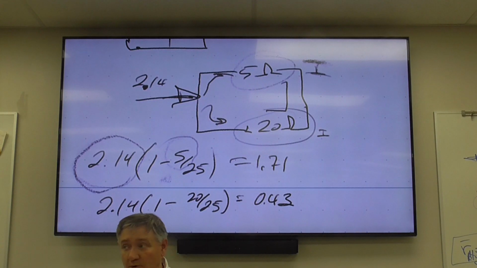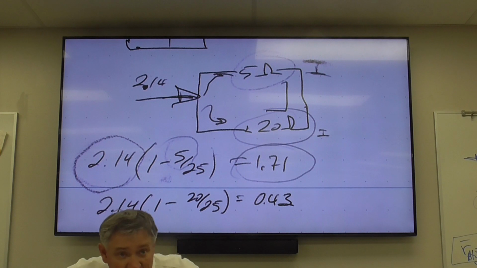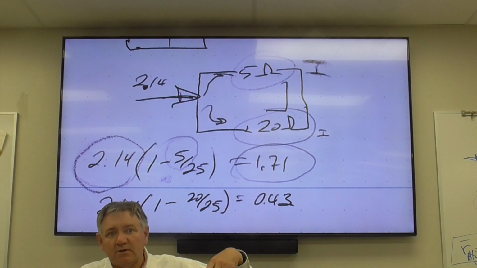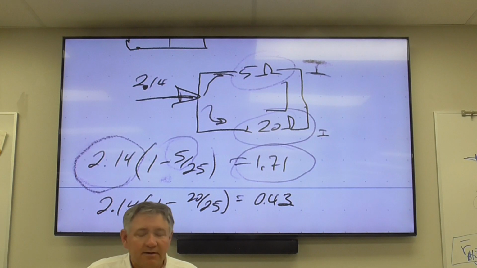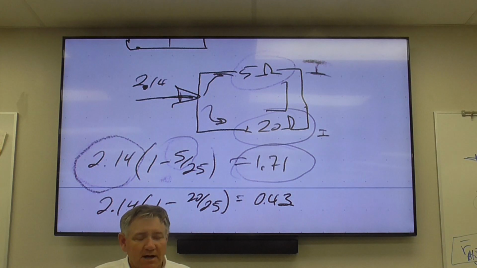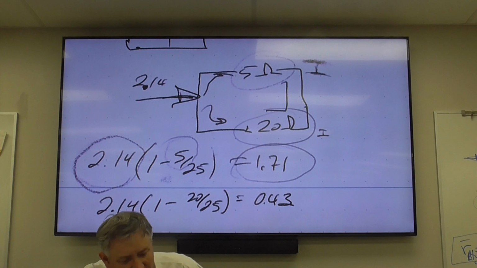Now, theoretically, if you're willing to roll the dice, as soon as I know one of them is 1.71, how could I find the other one? Subtract it out. So if you want to shortcut the process, and I don't recommend this, you could just say, that's 5 out of 25.